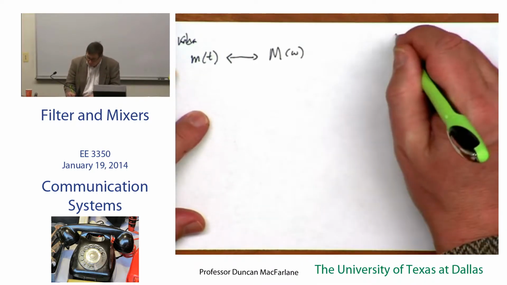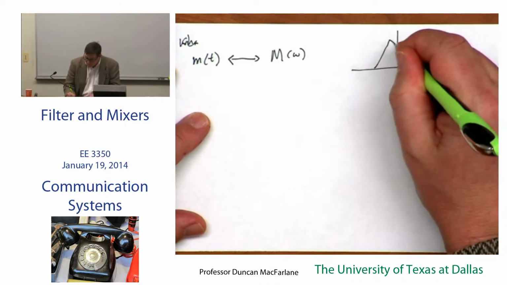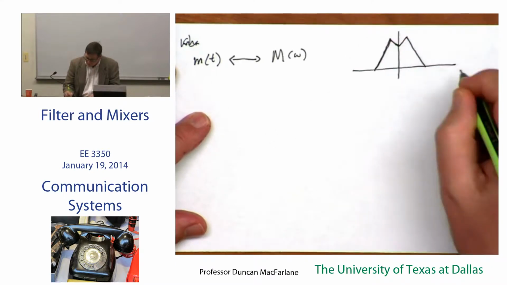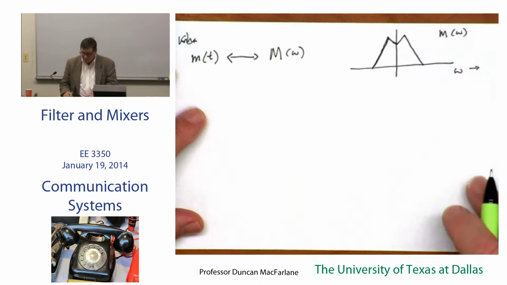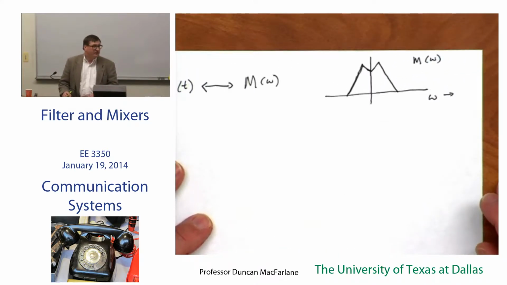And so what I'll do is I'll draw, and you'll see this 1,000,003 times, I generally use the same kind of distribution. Here's my picture for a distribution of frequencies in my frequency domain.